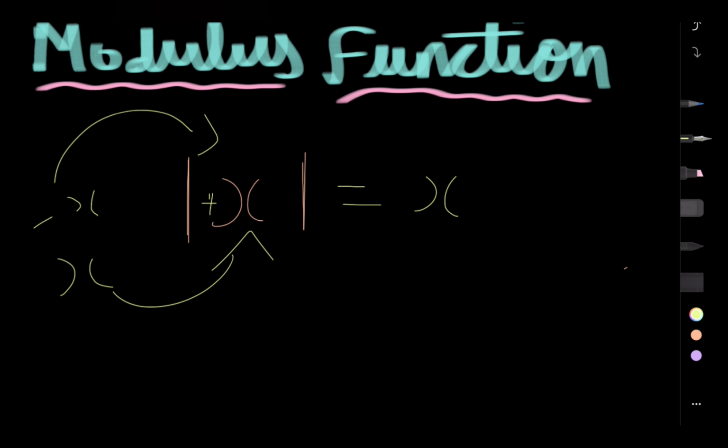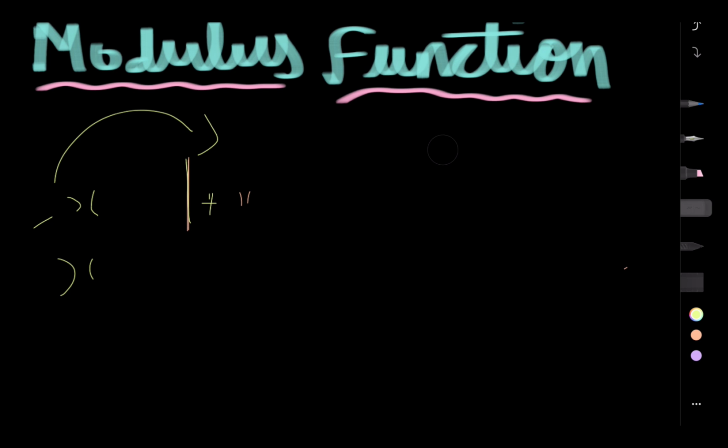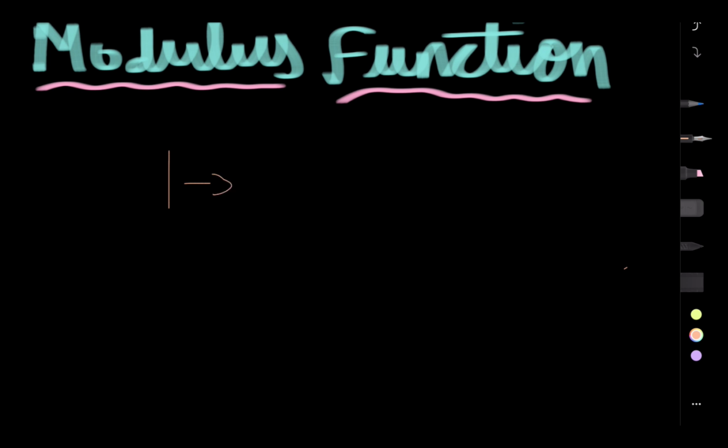It means that any value, let it be negative or positive, the modulus function will give me positive only. That is the main intention of this modulus function. For example, modulus of minus 3 will give me 3 only. Modulus of 3 also gives me 3 only.